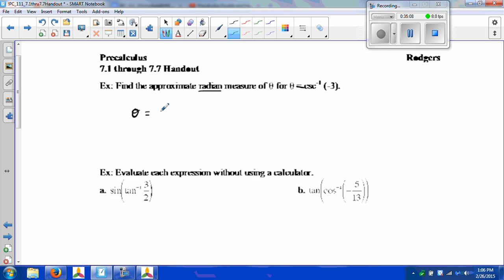That is going to be the sine inverse. And then I flip 3 and get negative a third. That's possible because sine just has to be between negative 1 and 1. So arc sine input has to be between negative 1 and 1. And then I just do it in my calculator. So second sine, and then negative 1/3.